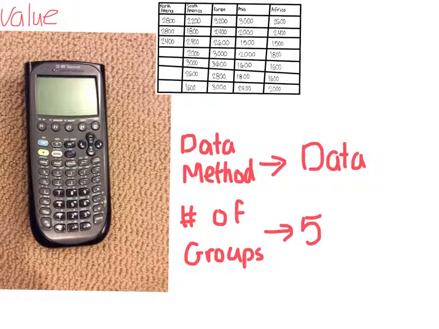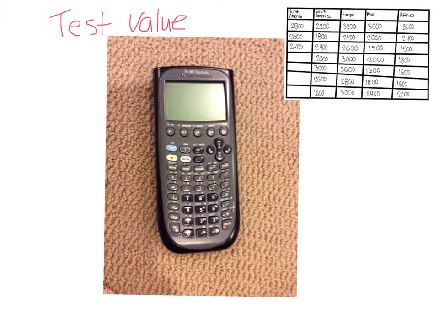The next screen that they will show you will have 2 things written. It will have data input method and number of groups. Within each of these, for the data method, click data, and for number of groups, click 5. On the next screen you'll be led to, you must write in your list names.